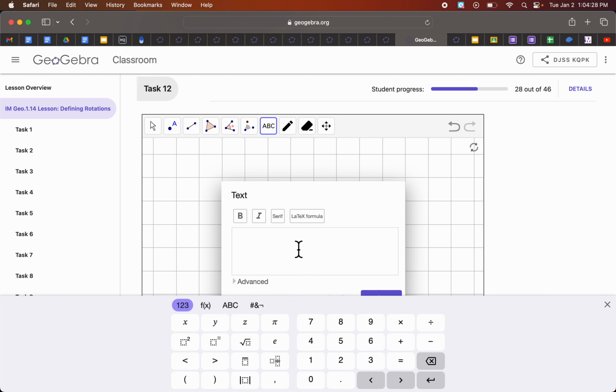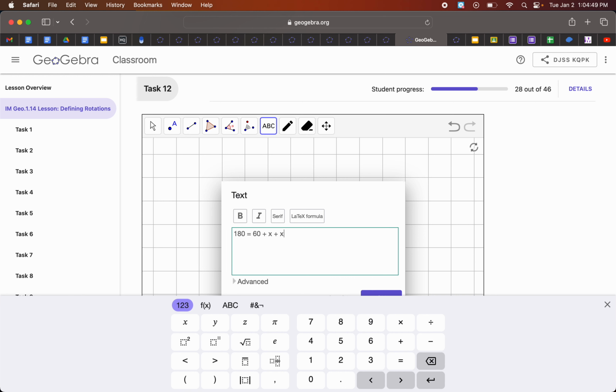That means that 180 has to equal 60 degrees plus our angle x plus our other angle x.